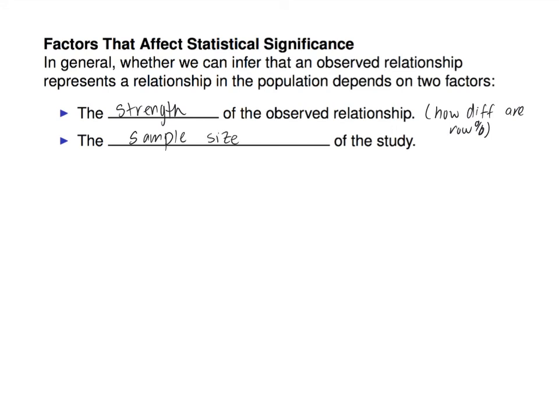For example, in the physicians and health study, there was less than a full percent of difference between the groups, which wouldn't be very different in a small sample, but that was a huge sample of 22,000 people, in which case that was considered a significant relationship. So what counts as a significant relationship depends on both how big the relationship is and how big your sample is. The strength of the observed relationship can be measured by looking at the differences in row percentages.